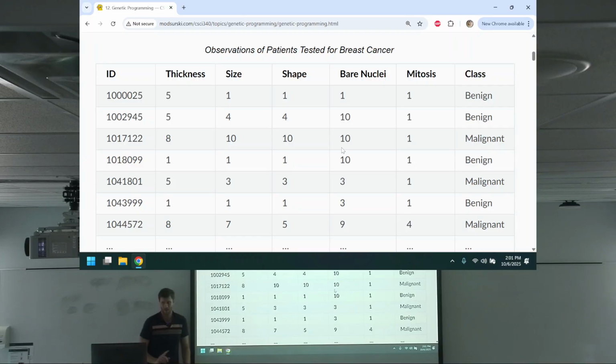By the way, here's a bit of a spoiler. Why would you want to use genetic programming for something like this? Like I said before, if I could use something like k-nearest neighbors, use it, okay? But let's say it's really difficult. Maybe I could use a neural network. It's going to be great, right? But why use genetic programming?